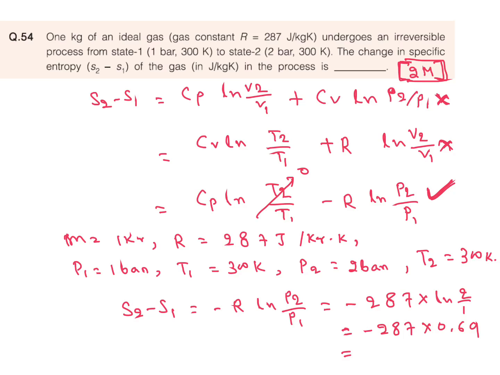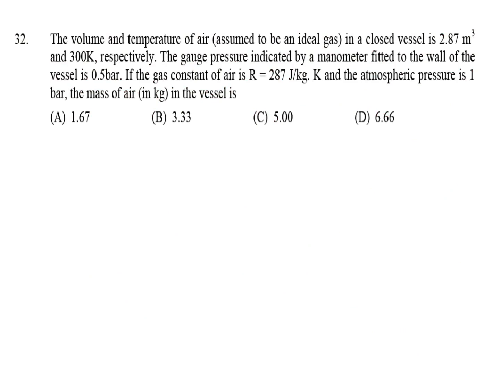So you will get minus 198.93 joule per kg Kelvin. You just have to enter the numerical value, minus 198.93. It is a 2 mark question. Options are available, so negative marking is there, 0.66 negative marking. So while solving you have to be careful.